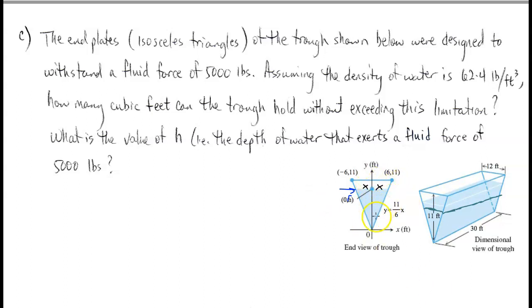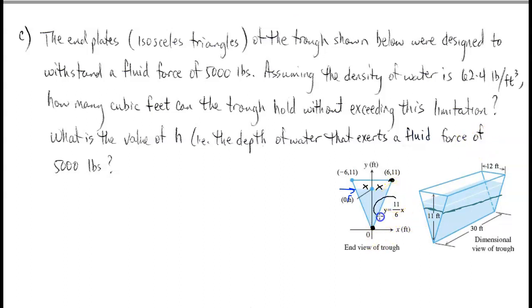Now, what I'm being told here is that from this point to this point, if I'm looking at this as a line, then y is equal to 11 over 6 times x. That will be that line.